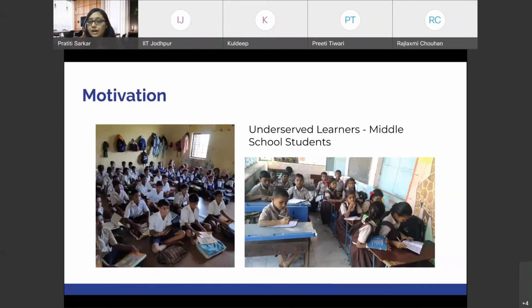But an interesting fact that came to our notice was that even if they are not well supported with infrastructure, technology was not something they were very far behind from. The teachers have been putting in effort, and the government has been supporting them in bringing technology into the classrooms.